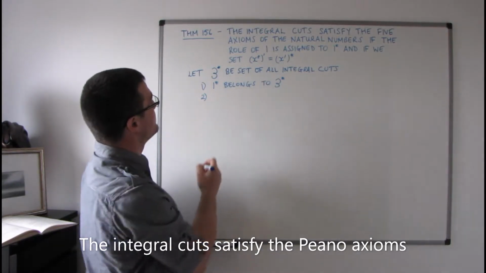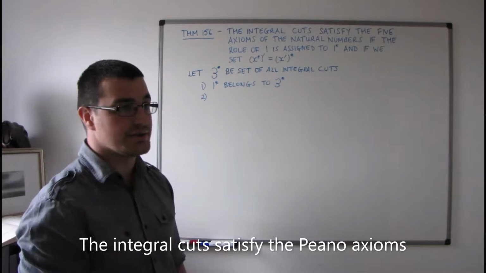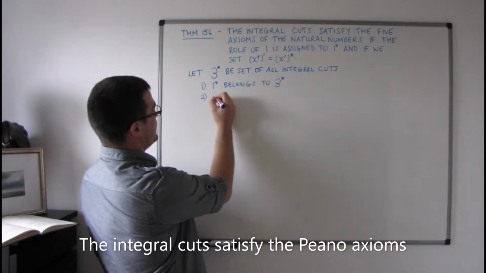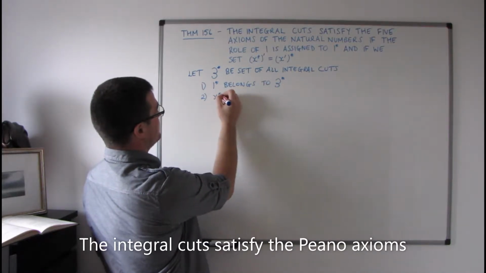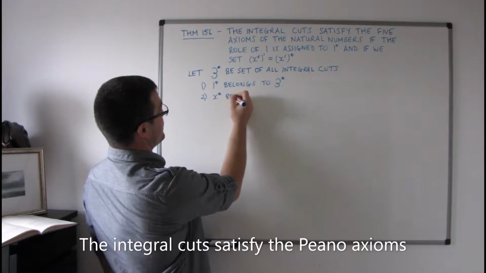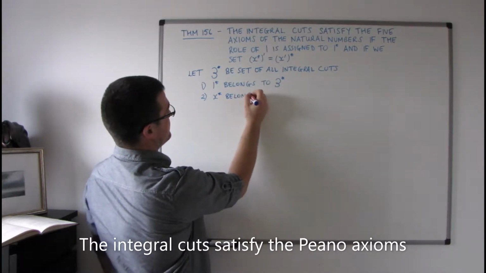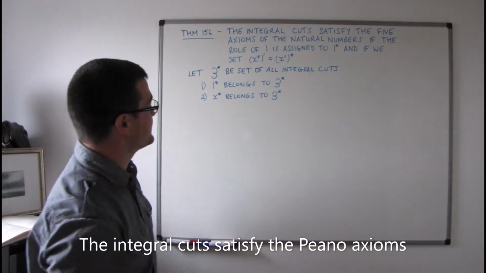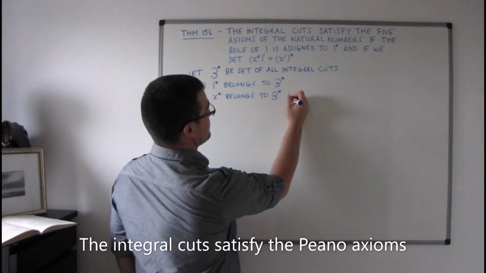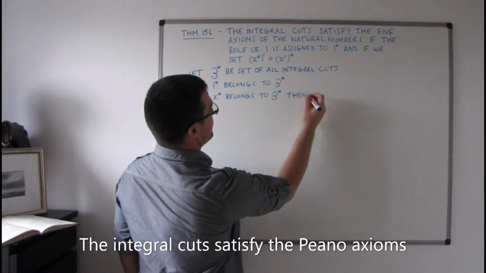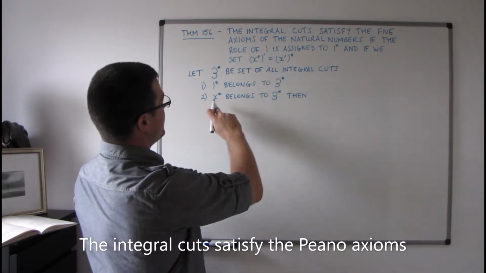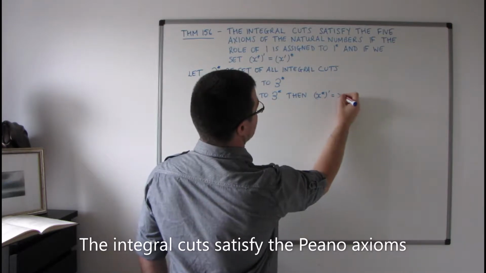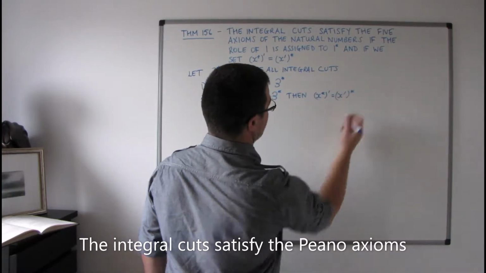2, the second axiom was that every number has a successor. So if x star belongs to our set, then we know from this definition up here that x star primed is equal to x primed star.